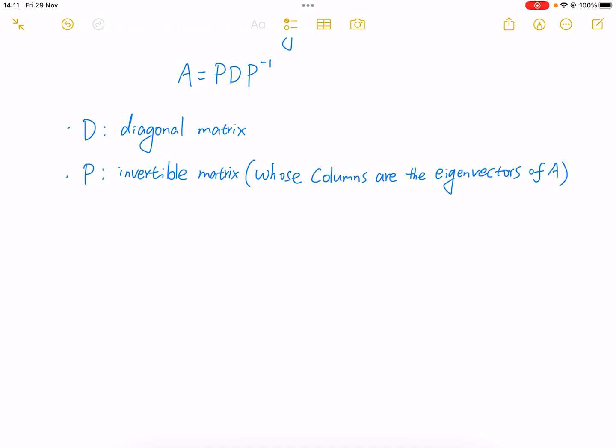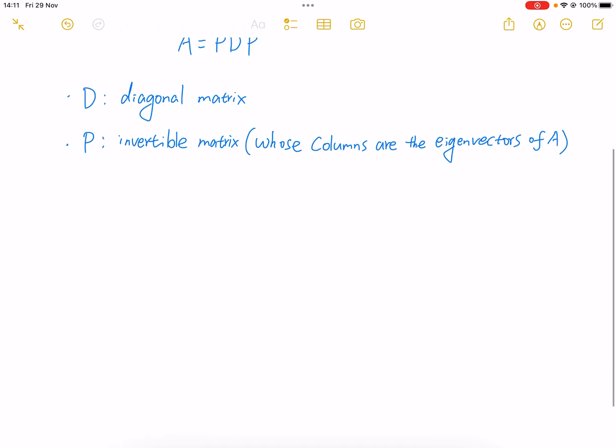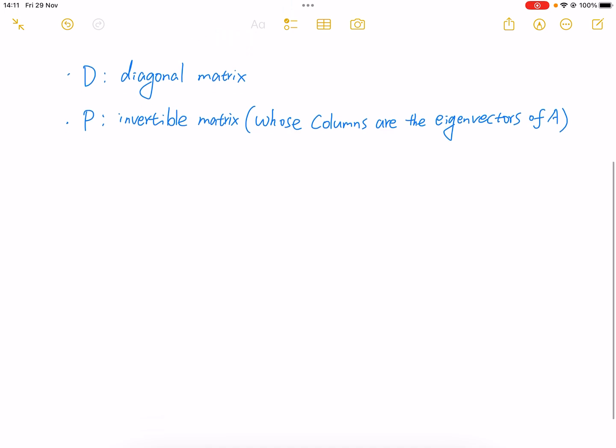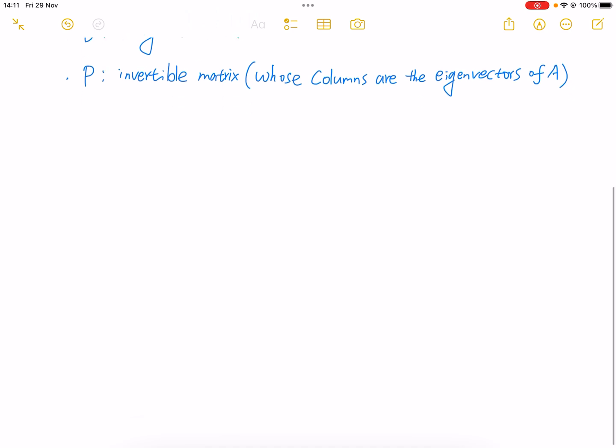But not every matrix can be diagonalized. First, we need to check if A is diagonalizable by ensuring it has enough linearly independent eigenvectors. So here's the problem we will solve. We have matrix A, with entries 4, 1, 0, and 3.